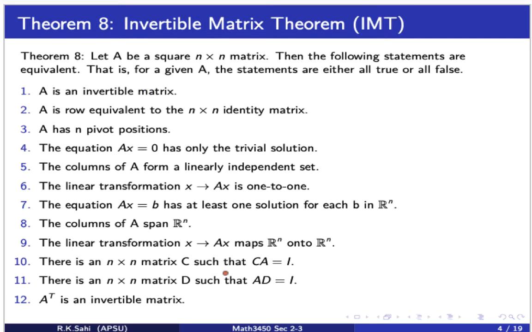These 12 statements are either all true or all false. Very important to remember that we are looking at square matrices when we apply this invertible matrix theorem. IMT is the terminology you'll be hearing me say a lot. So let's look at some of the observations from this IMT.